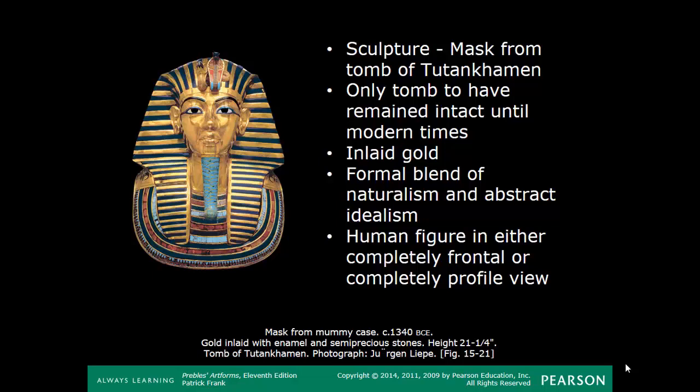Again, the iconic cobra headdress worn only by pharaohs, the false beard, and also the eye makeup. Something that you'll notice about King Tut is that his head piece has two cobras on it. And so there was a time when there was an Upper Egypt and a Lower Egypt. And that's what those two cobras represent.